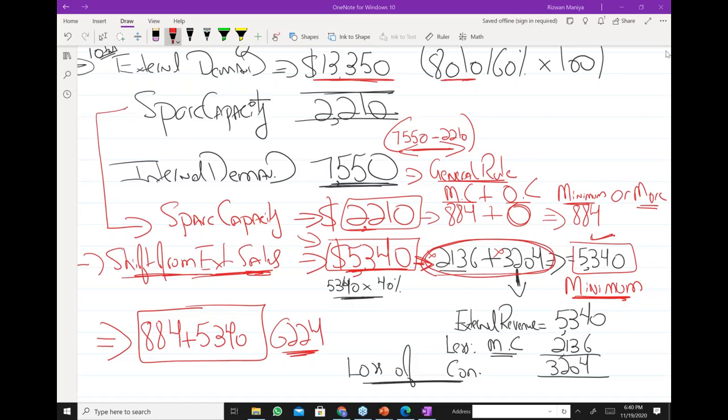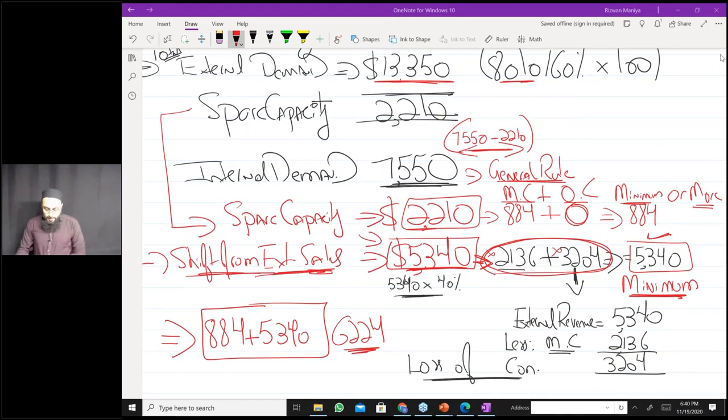Now, why have I taken variable cost? Because the general rule says that the transfer price should be marginal cost plus opportunity cost. Now, if you don't have any opportunity cost for this figure, 884 is the minimum.